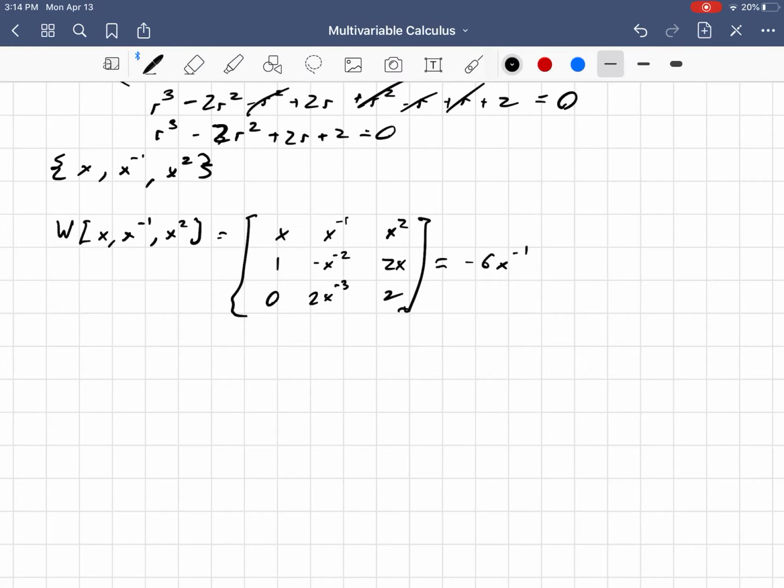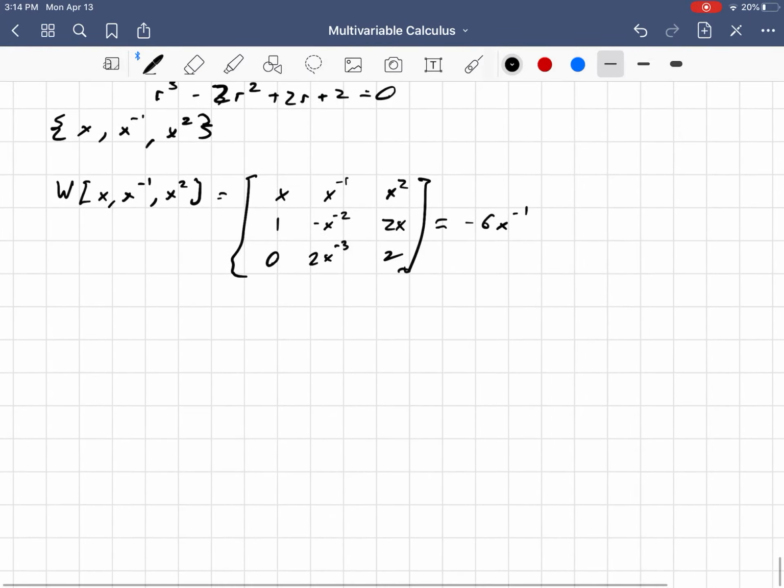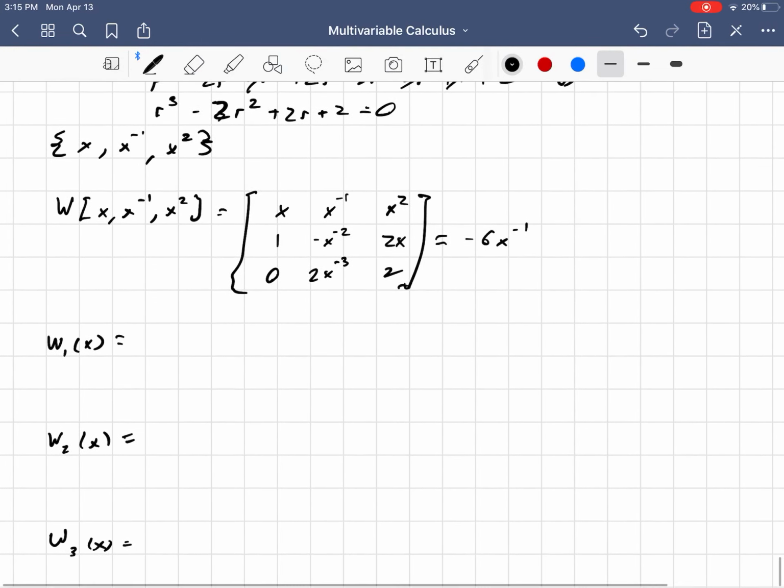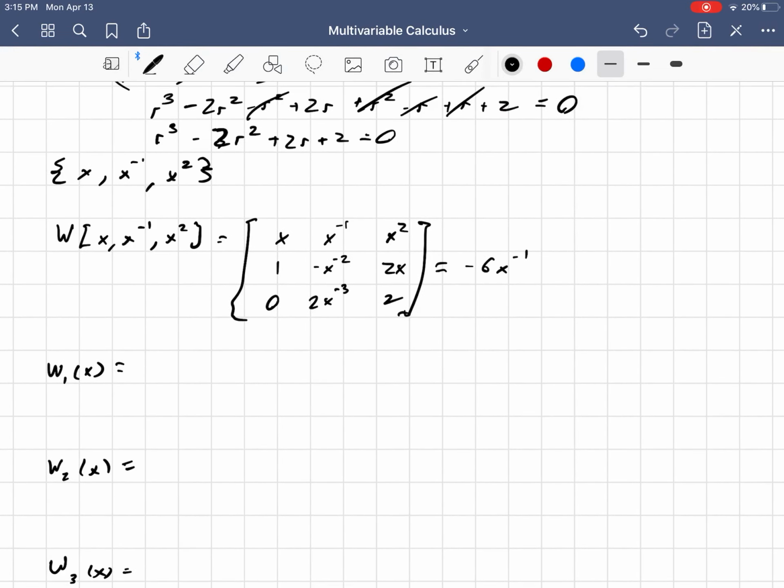So this is the matrix. Now we need to find its determinant. I have written down that it turned out to be negative 6x to the negative 1. You could verify that for yourself if you really wanted to, I guess. I doubt you will. Now we need to find w sub 1 of x, w sub 2 of x, and w sub 3 of x.